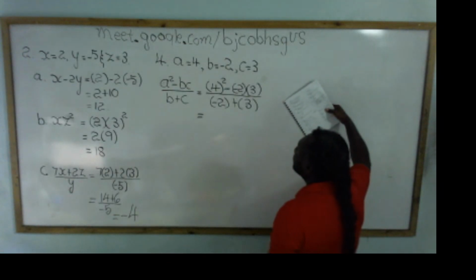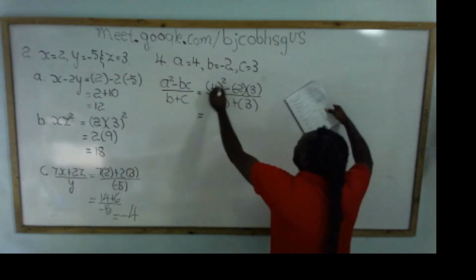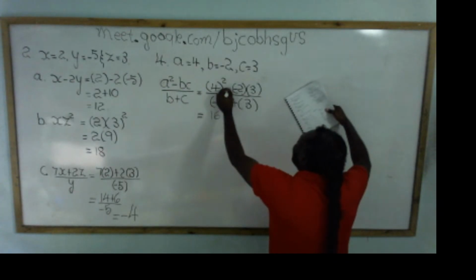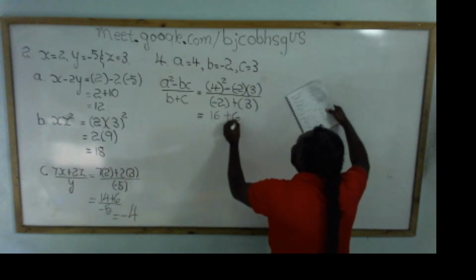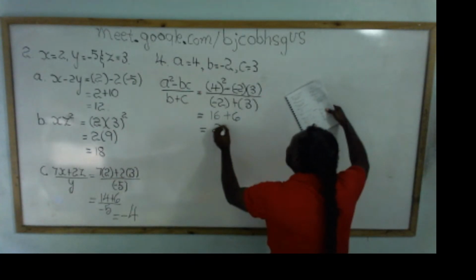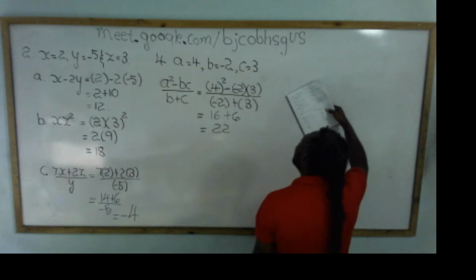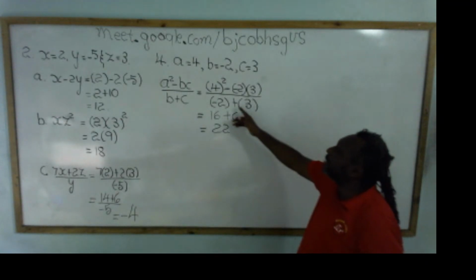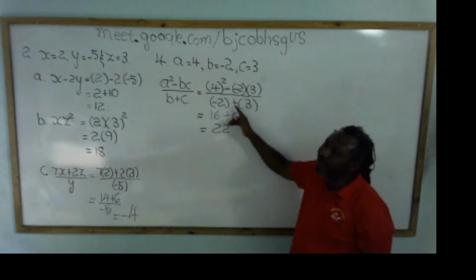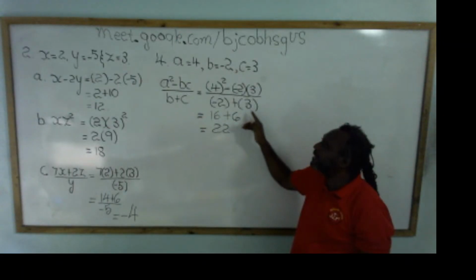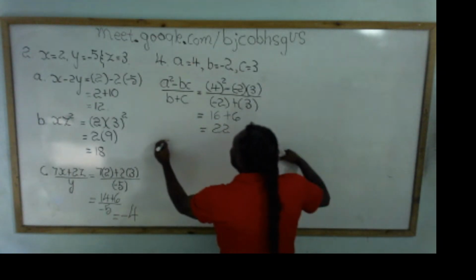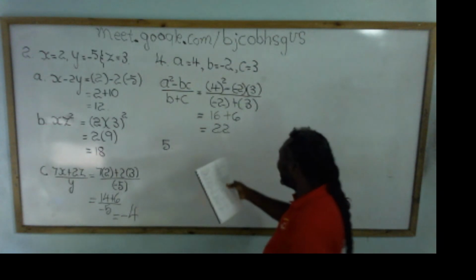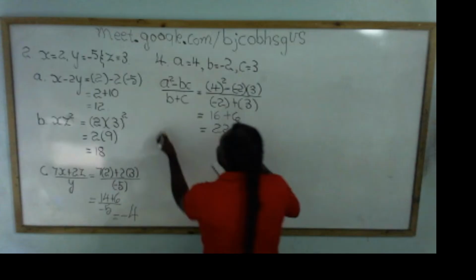So let's go. 4 squared, 16. Negative times negative is positive. And 2 3s, 6. So the answer for that is 22. Why 22 alone? Do not forget that we will be dividing by 1, because negative 2 plus 3 is 1. And any number divided by 1 is that same number.